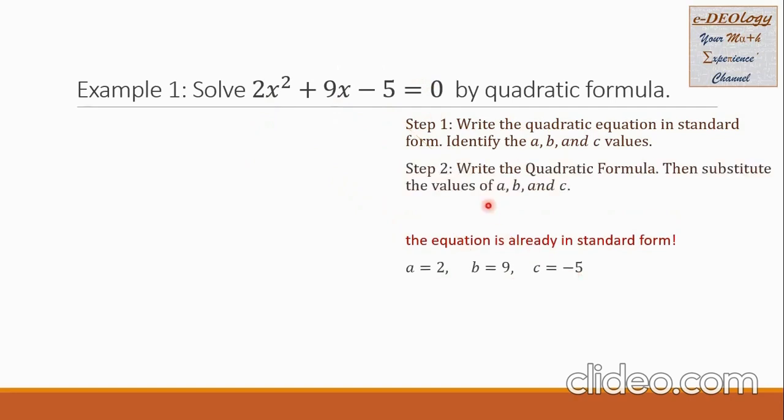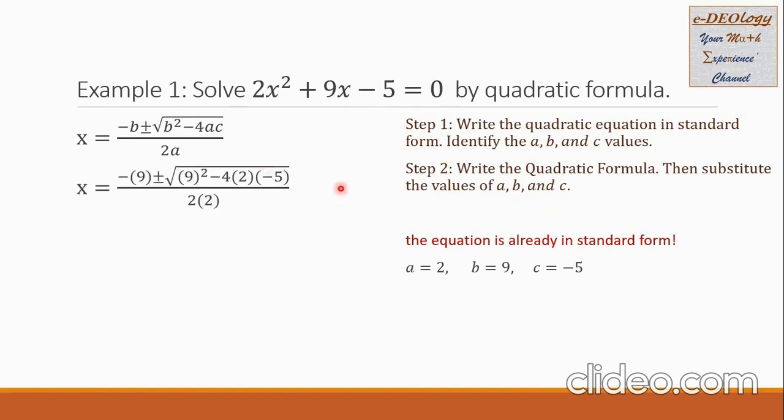Step 2. Write the quadratic formula. Then substitute the values of a, b, and c. Here now is our quadratic formula. And then we substitute the values of a, b, and c. It is now the negative of b, and that is 9, plus or minus the square root of, this is now 9 squared, minus 4.